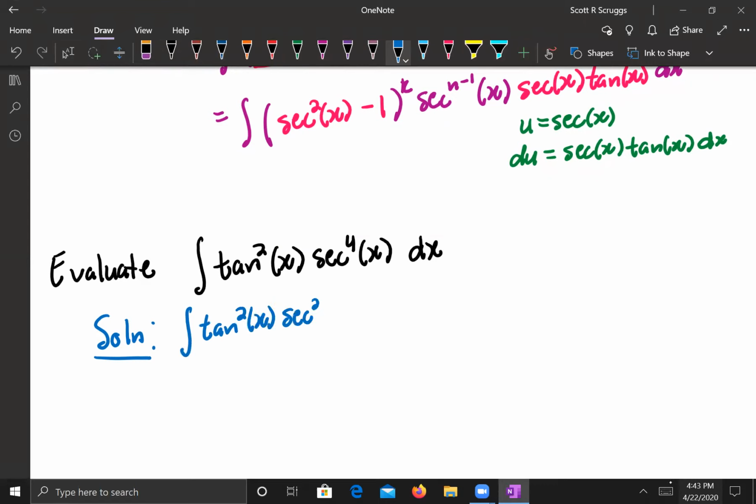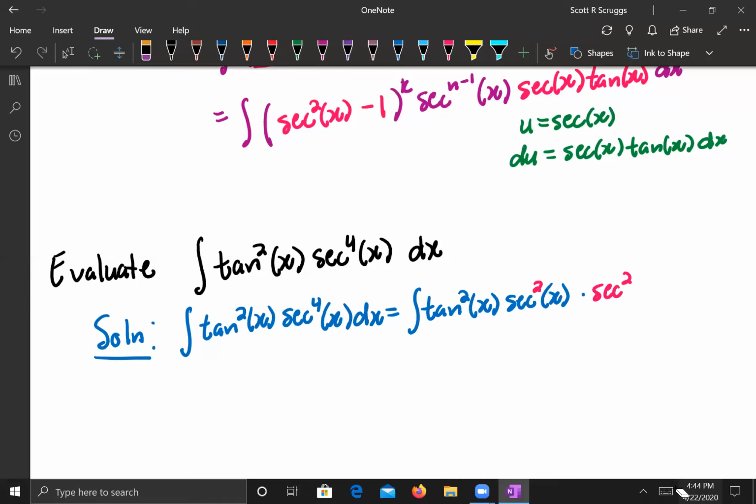For the integral that I'm working with, I'm going to take away a secant squared and marry it to the dx. So I take 2 away from that power, so secant squared, and that other secant squared is being multiplied by the dx.